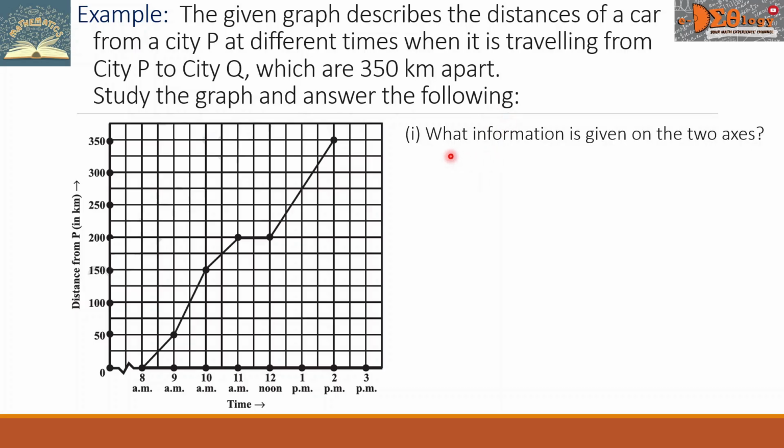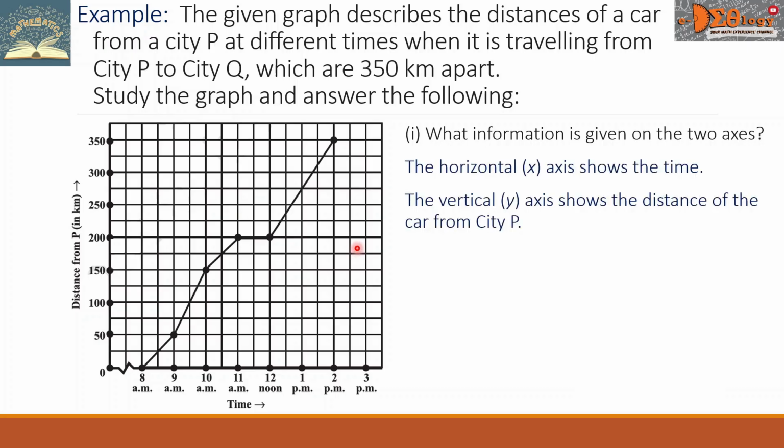First question, what information is given on the 2 axes? In the graph, it shows that the horizontal or x-axis shows the time, and the vertical or y-axis shows the distance of the car from city P.